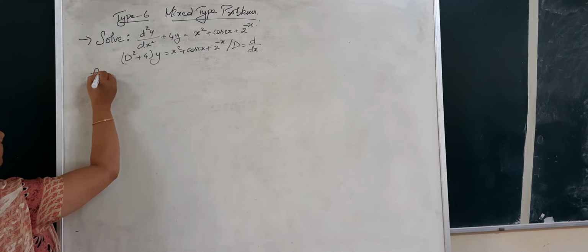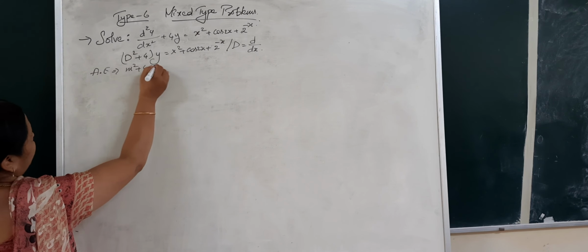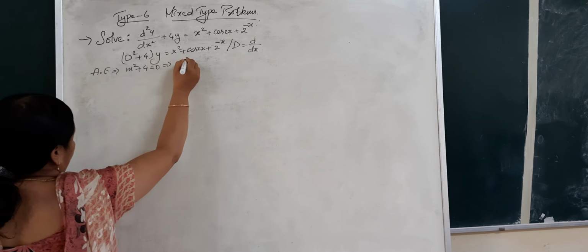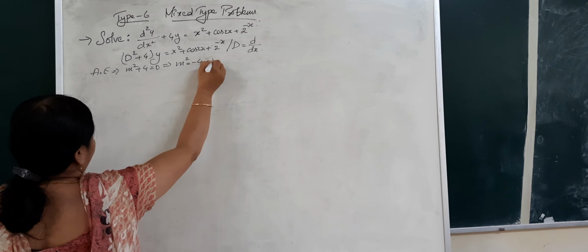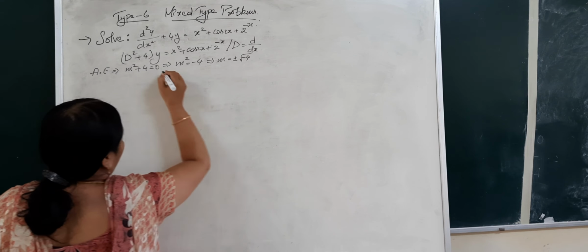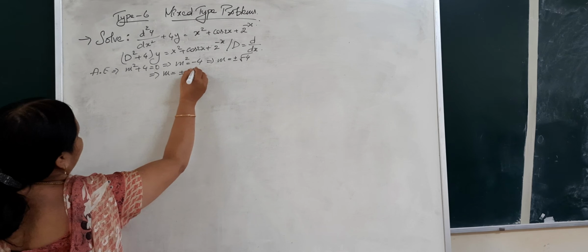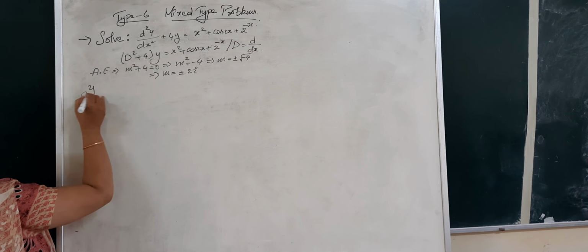Now auxiliary equation which says m square plus 4 is 0, m square equals minus 4, m is equal to plus minus under root of minus 4. That implies m is equal to plus minus 2i. So we have complex roots.